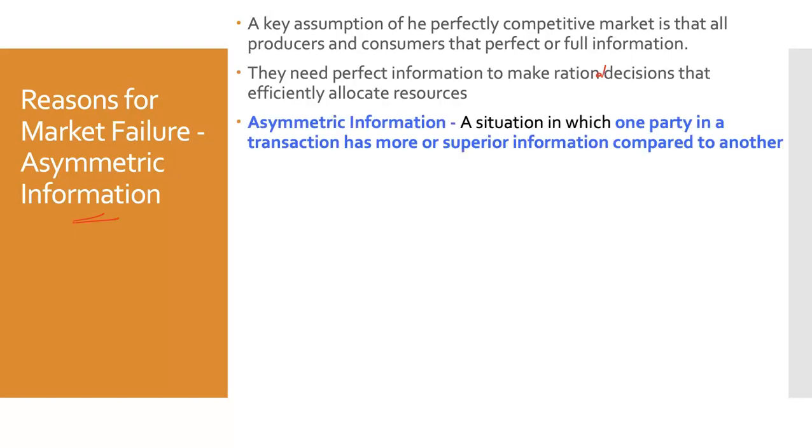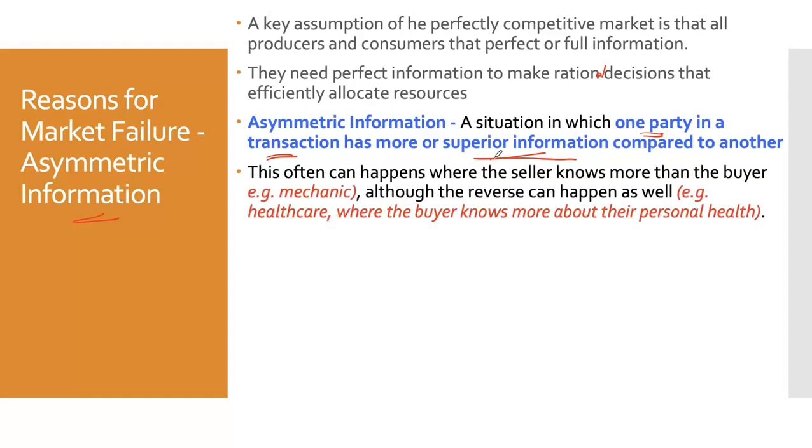Now, asymmetric information are situations which occur commonly where one party in a transaction has more or superior information compared to others. Now, if this is the case, it's not going to be a fair negotiation. Someone has more power, and this is not something that we want.